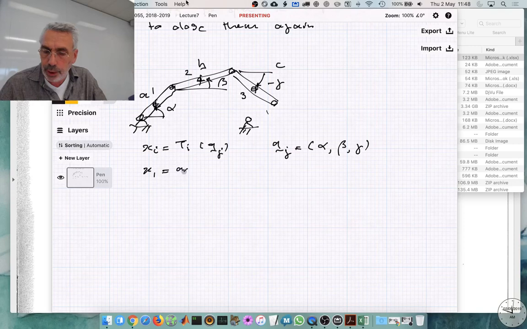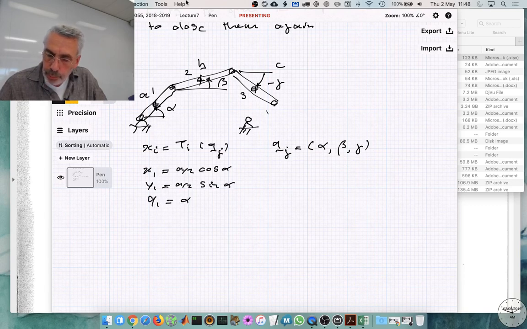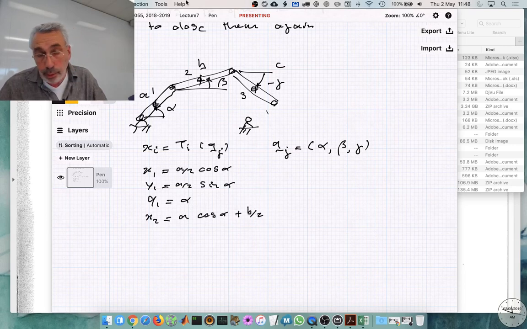x1 remains the same, of course, a over 2 cosine alpha, y1 is a over 2 sine alpha, and phi 1 was this alpha. But then x2 is a cosine alpha plus, and then I can write easily, b over 2 cosine of beta.